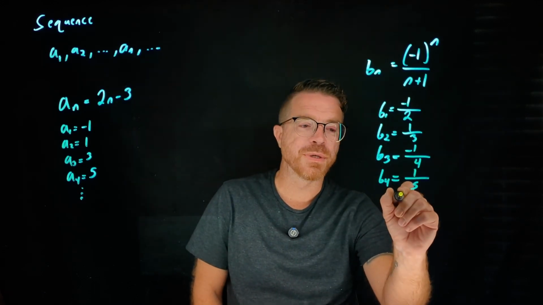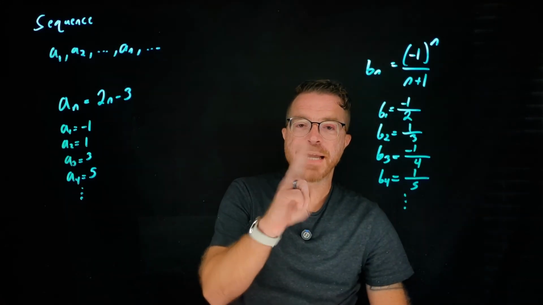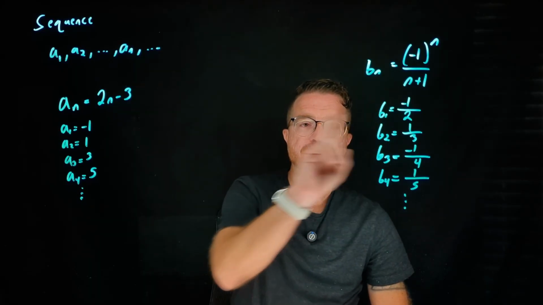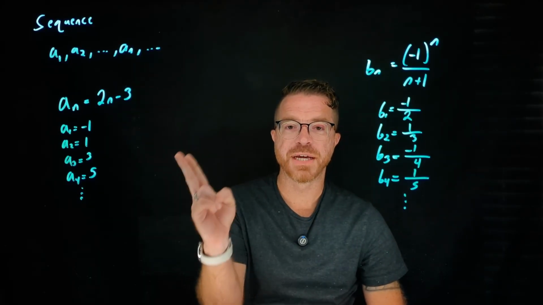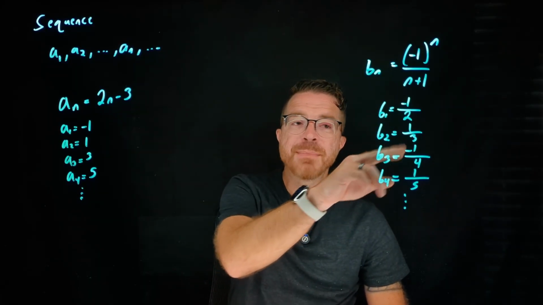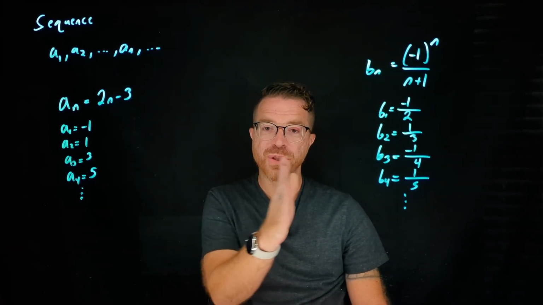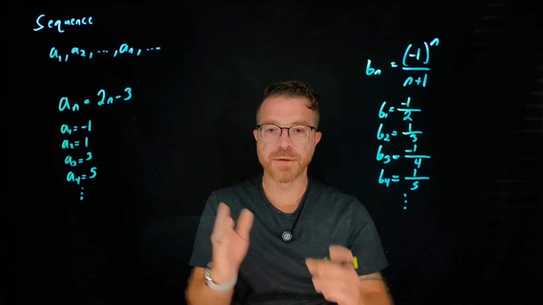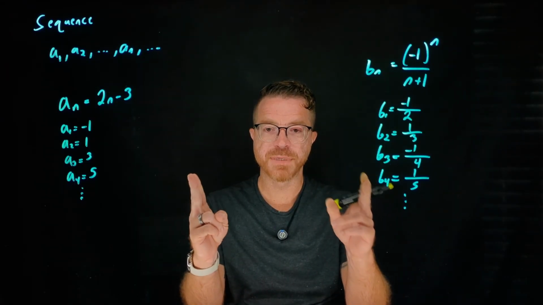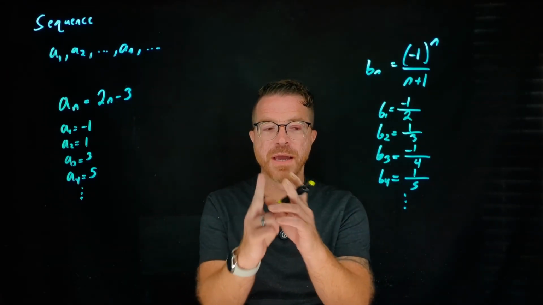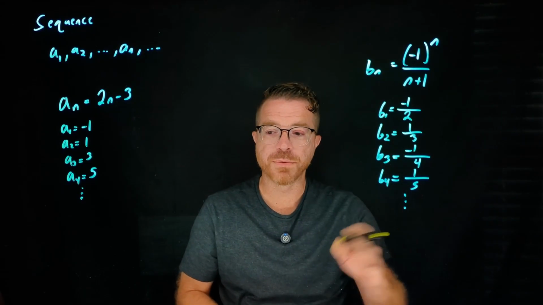So looking at this sequence, what's happening is that it's actually alternating. So it's going from a negative value to a positive value, negative value to positive value. But each time it does, the denominator is going up by 1, meaning it's getting closer and closer and closer to the origin. It's bouncing back and forth from negative to positive, but each time it's getting a little bit closer, and it's approaching zero with every single number.